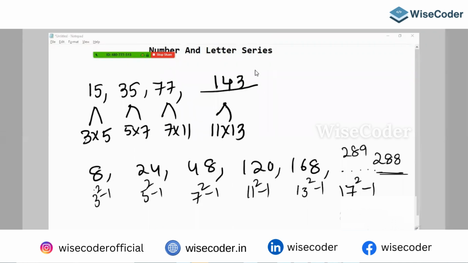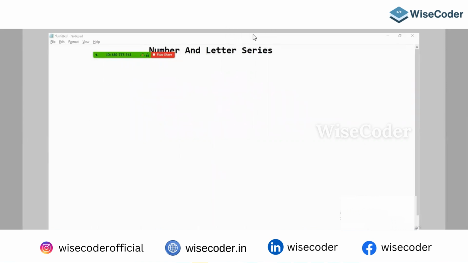Now the next 2 minutes are very important. This is how we finish all the varieties in number series. So what is the approach towards number series? The best way of approaching number series questions is to first observe the difference between the terms.